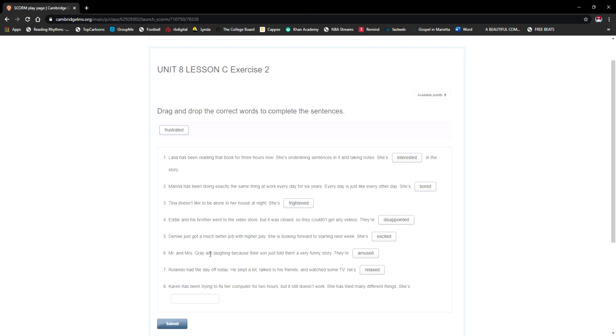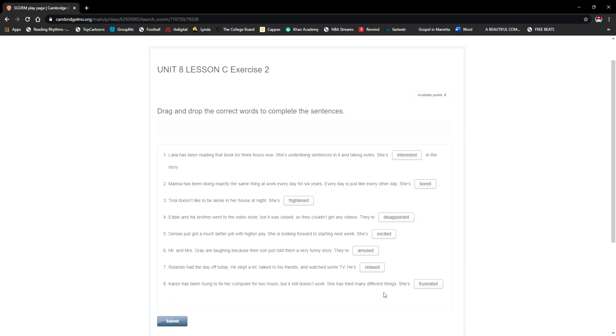Number 8. Karen has been trying to fix her computer for 2 hours, but it still doesn't work. She has tried many different things. She's frustrated. So what is the difference between disappointed and frustrated? The difference is that frustrated gives me the idea of getting a little bit angry, aggravated.